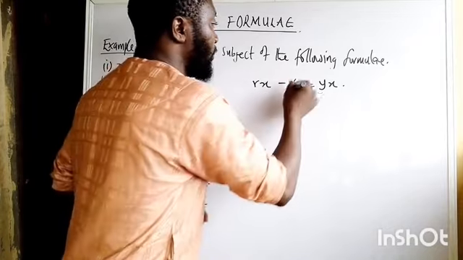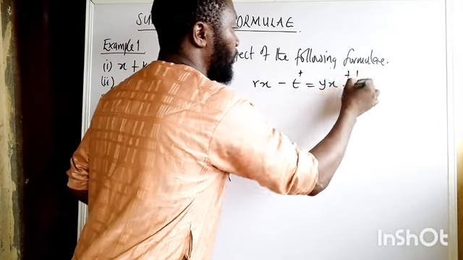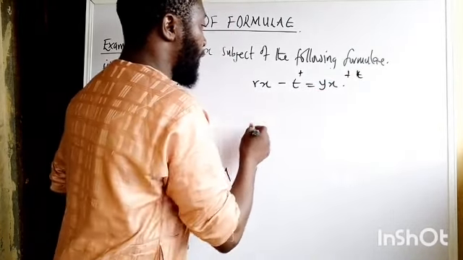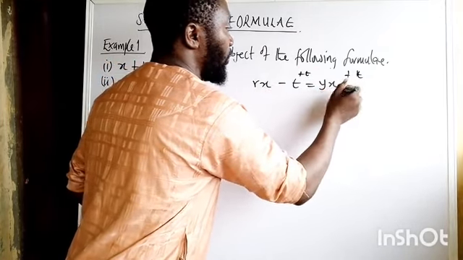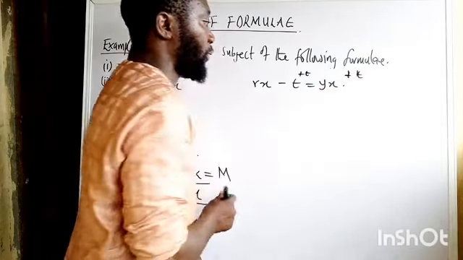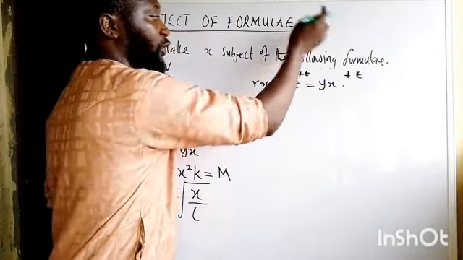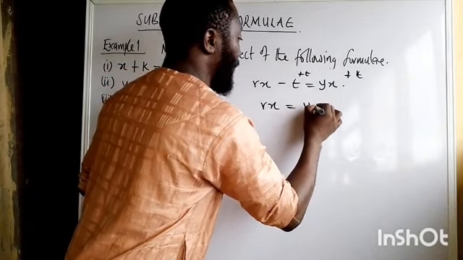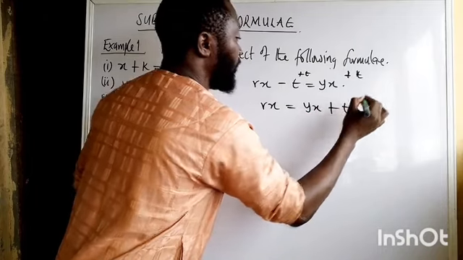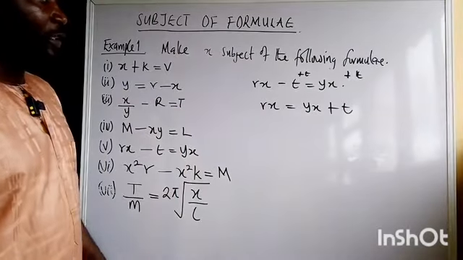By the time you add t to this and you add t to this, minus t plus t will give us 0. So you have Rx equals Yx plus t when you add t to both sides.